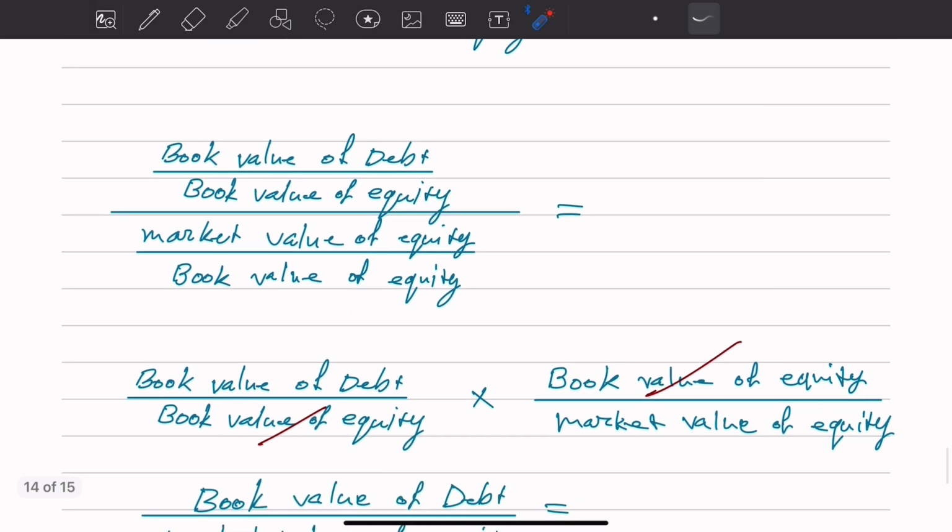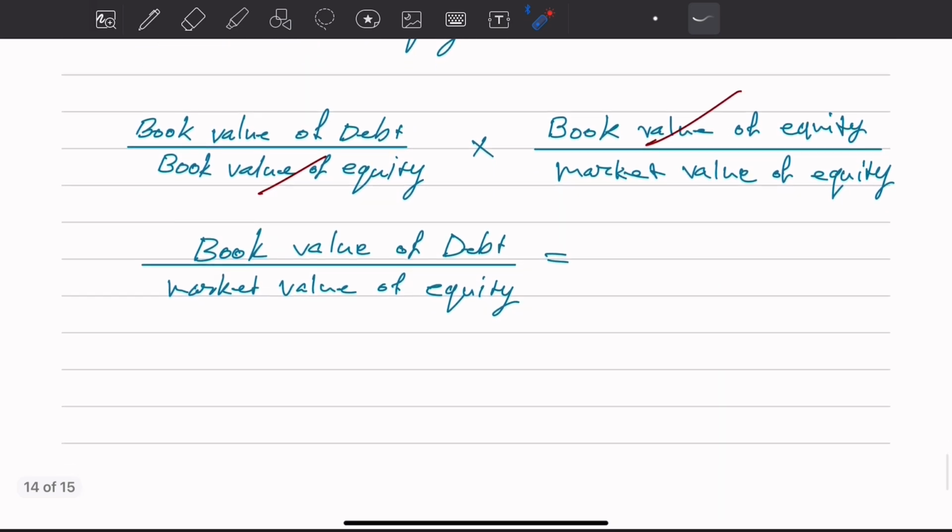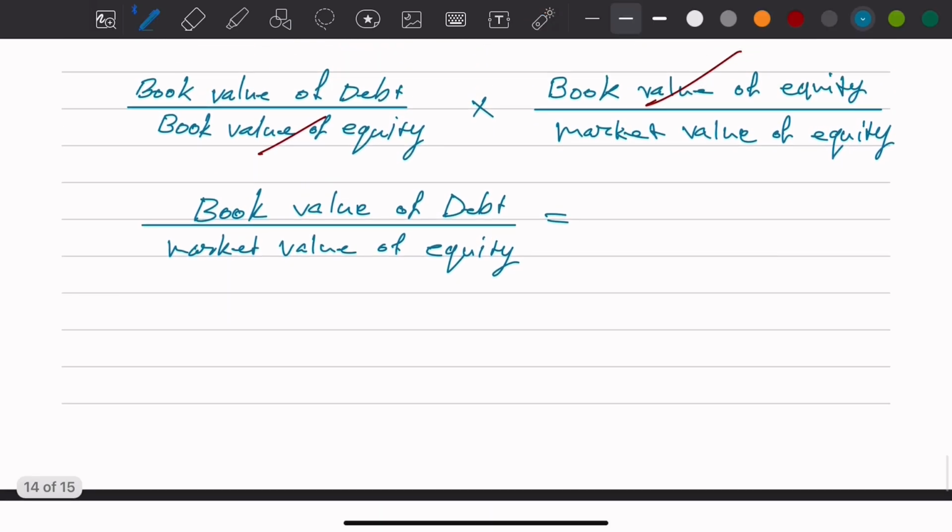I hope that this is clear. That's going to be 0.5 divided by 2, and we don't even need a calculator. It's half divided by 2, that's going to give us a quarter, 0.25.